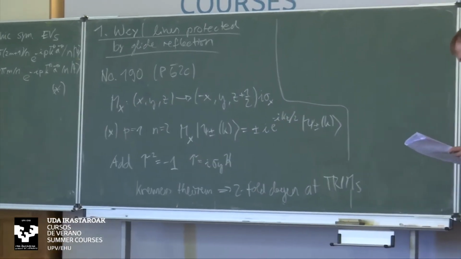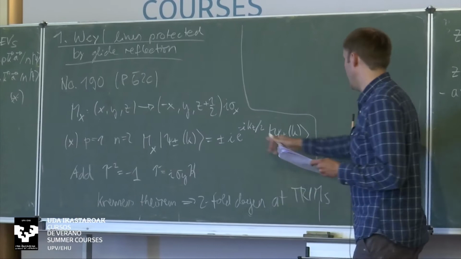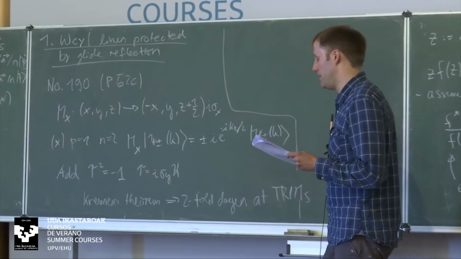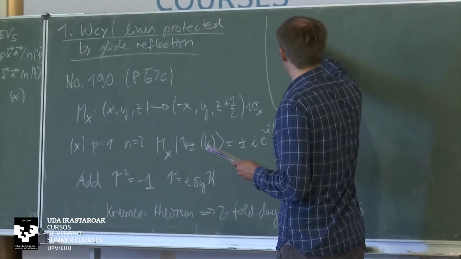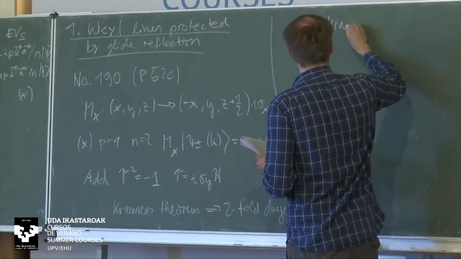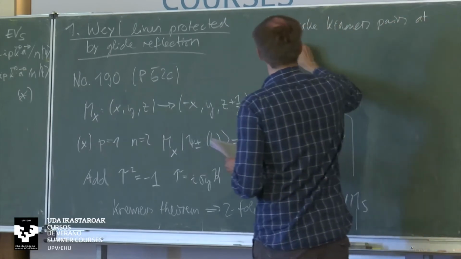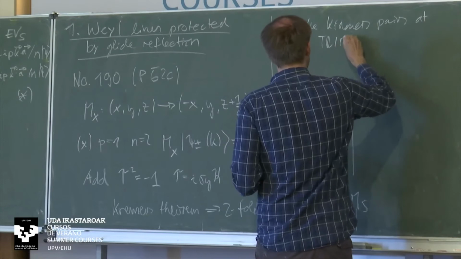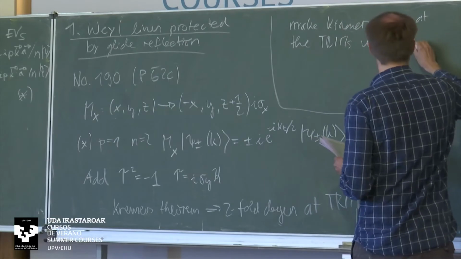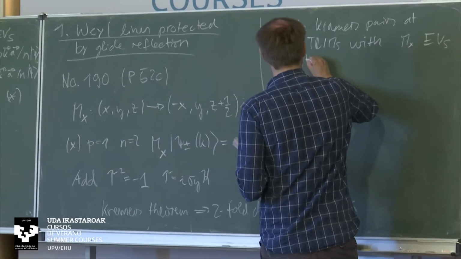So this tells you that you must pair Bloch states whose M_x glide reflection eigenvalues are complex conjugate pairs, right? So you make Kramers pairs at these points with M_x eigenvalues that are complex conjugate pairs.